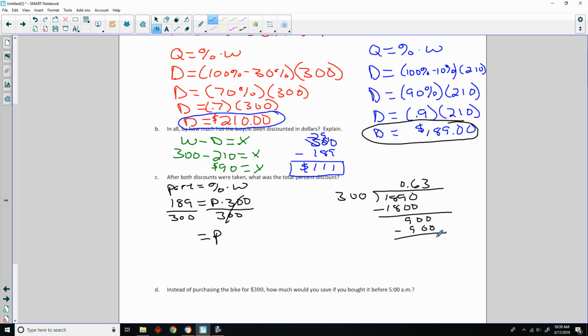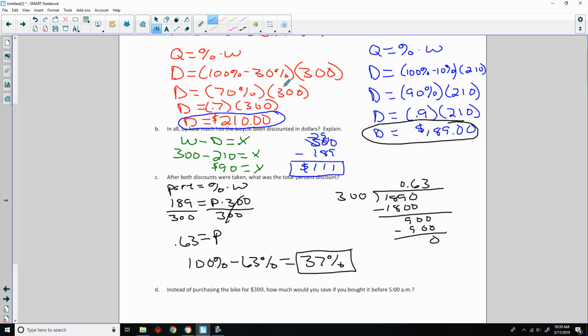And there we have it. That wasn't too bad. So 0.63 is 63%. So what we want to do now is the actual final discount as a percent would be 100% minus this 63% equals 37%.